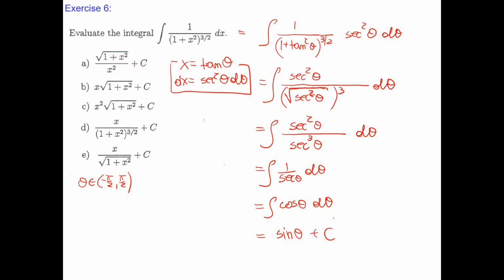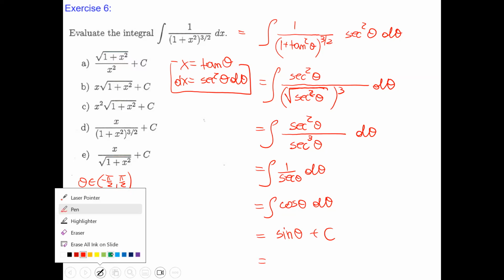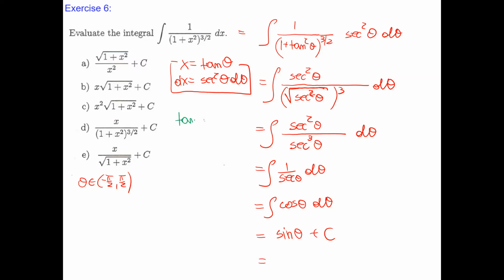But we are required to rewrite the final answer in terms of the original variable. Okay, what is sine theta? Let's use our triangle method. Tangent theta was x. We may look at tangent theta as a ratio x over 1. If this is theta, tangent is opposite over adjacent.